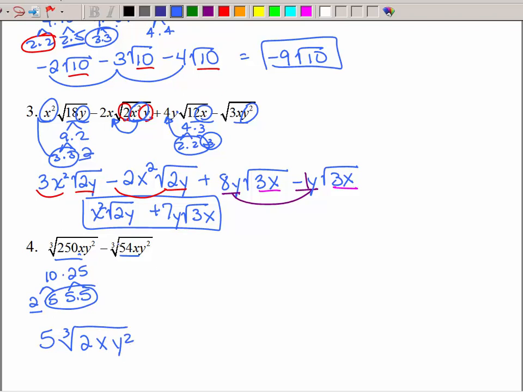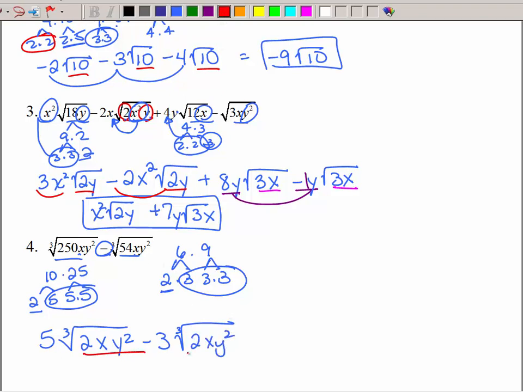Okay, what about the 54? I think about that as 6 times 9, so that's 2 times 3, and 3 times 3. So I can take out a 3, don't forget that minus sign, and have the cube root of 2 and the x and the y squared.